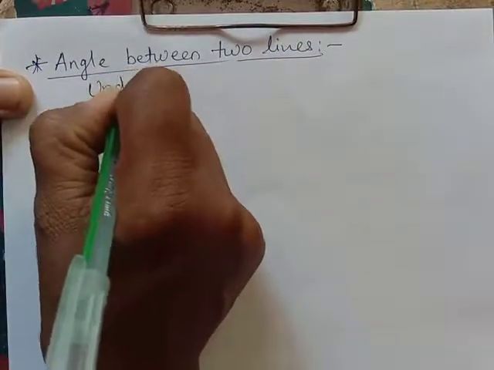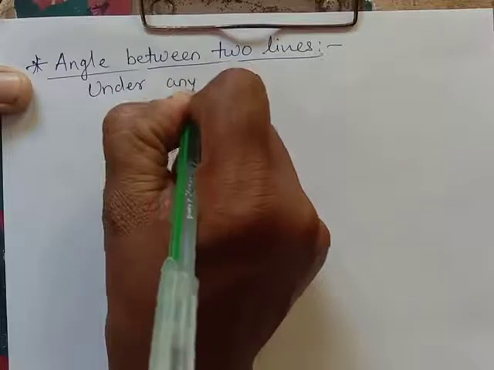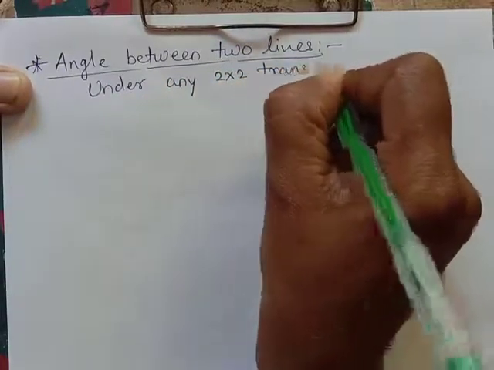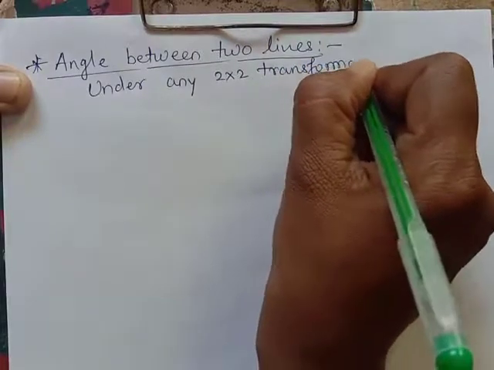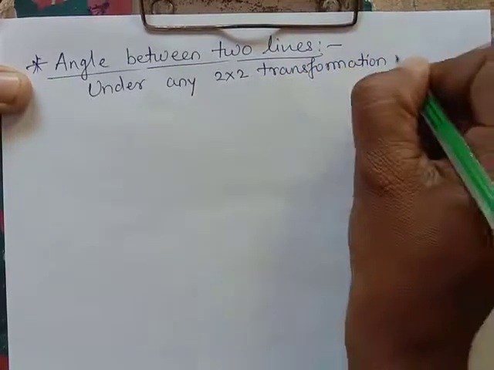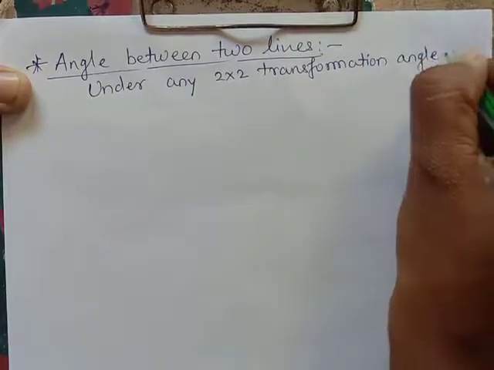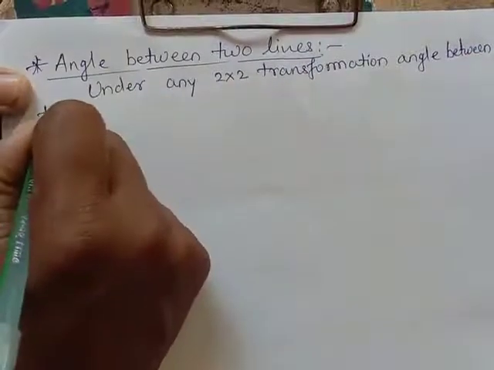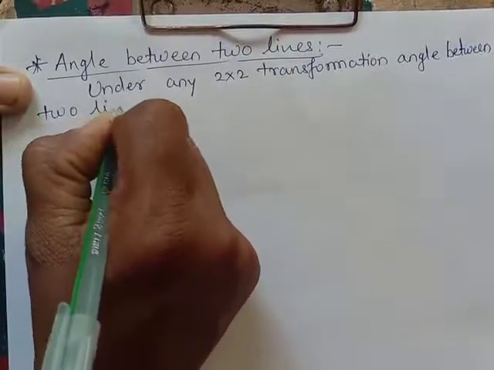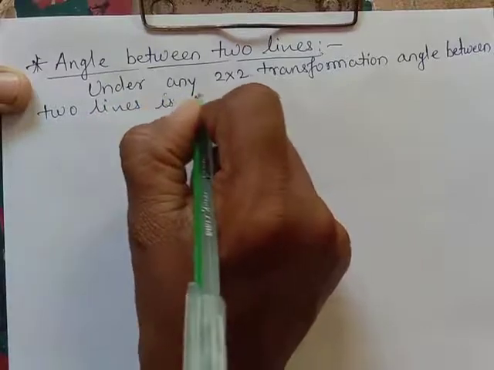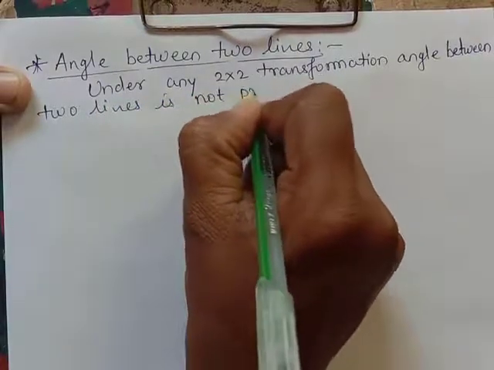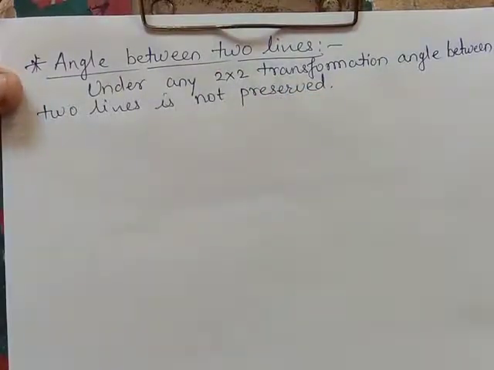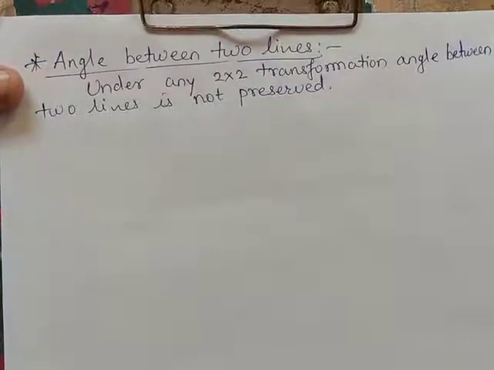Under any 2 by 2 transformation, the angle between two lines is not preserved, meaning the angle is not necessarily the same.